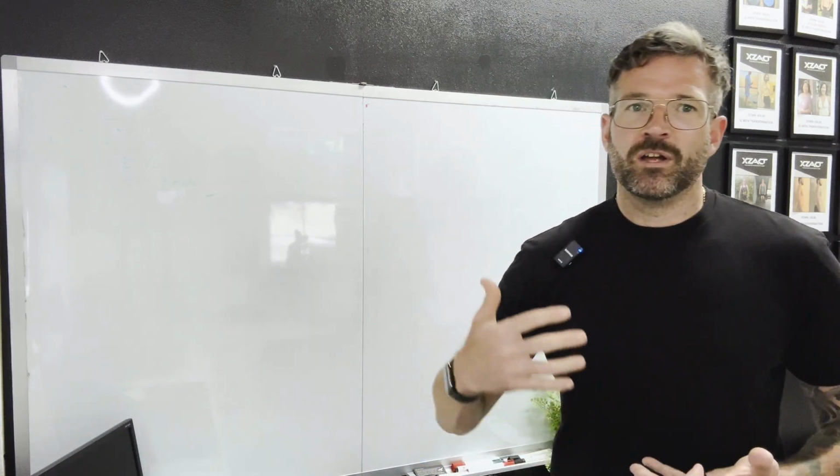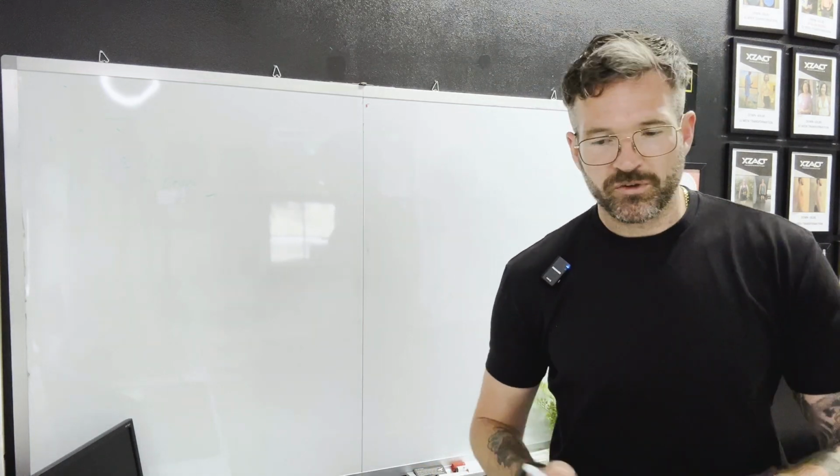I've been diving into ways to make this more comprehensible and understandable for everyday people, so that way you don't have to spend as much time as I did to learn this stuff.